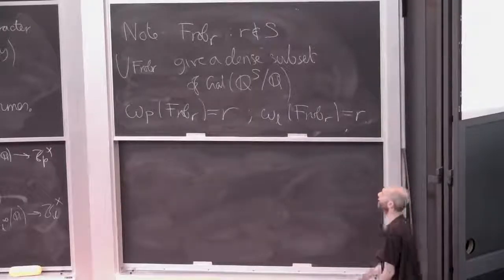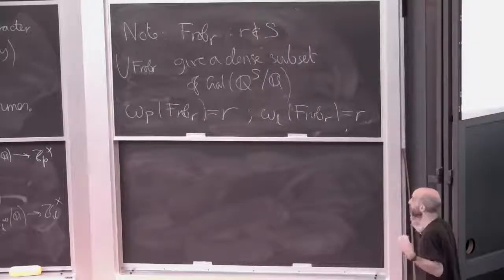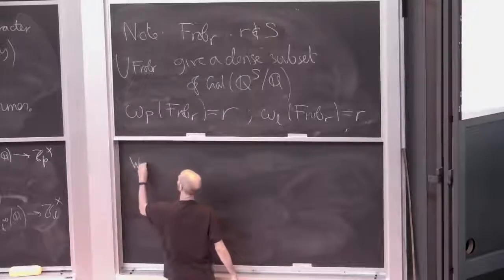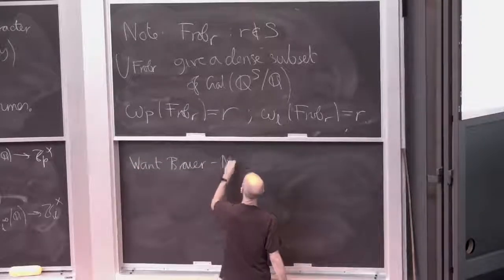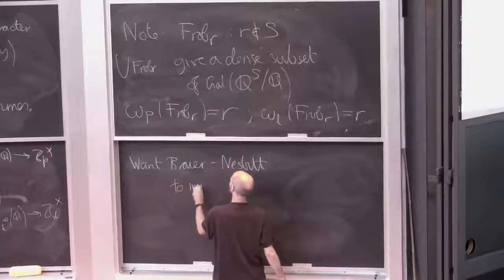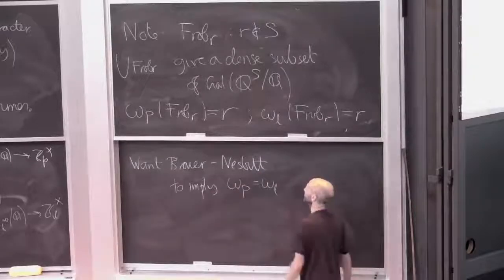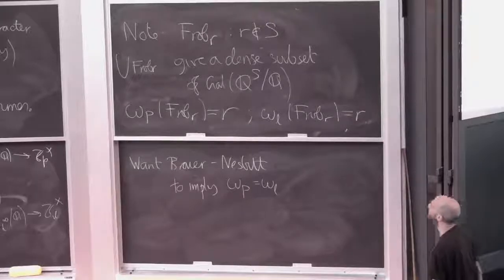Okay, so omega_p and omega_L are two Galois representations that are exactly the same on every single Frob_r. So they are equal on some dense subset, and therefore they must be equal, by Brauer-Nesbitt. We want Brauer-Nesbitt to imply that omega_p equals omega_L, because they have the same traces. But Brauer-Nesbitt doesn't apply.